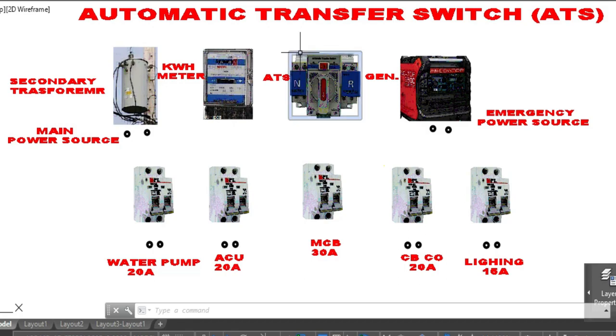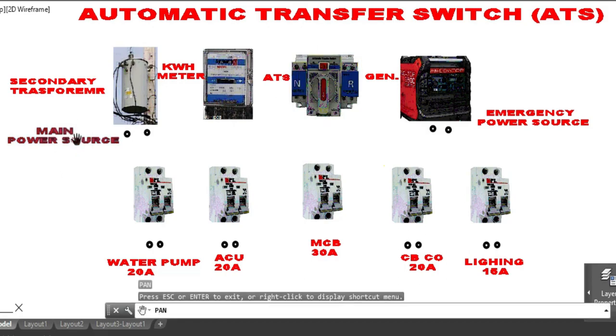This left side is for the main power source, and the right side is for the emergency power source. Normally, if there's no power from the generator and also no power from the main power source, the position of this switch, this knob, will be at the center. Meaning, the ATS is not sensing any power input from the outside.